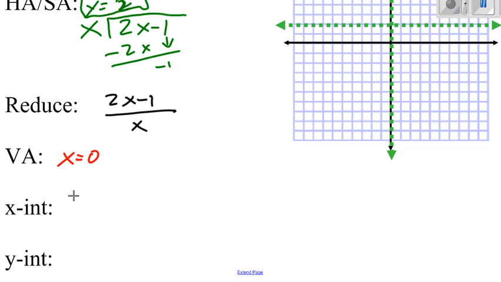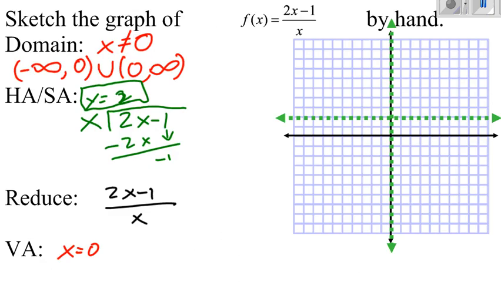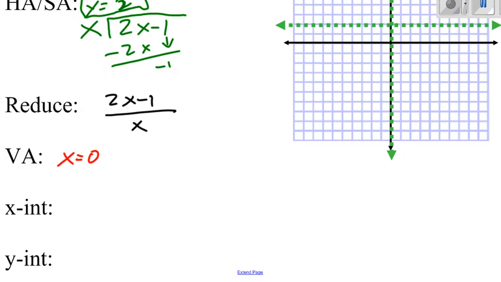Then we'll find the x-intercepts next. Find the x-intercepts by setting the numerator equal to 0. Our numerator is 2x minus 1 equals 0. So 2x equals 1, x equals 1/2.